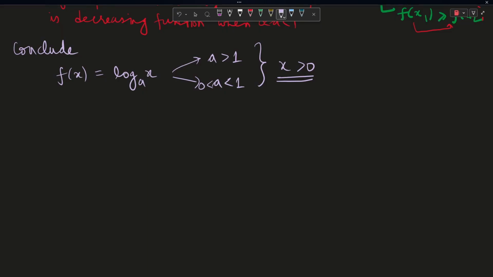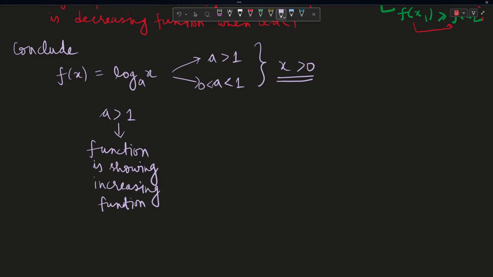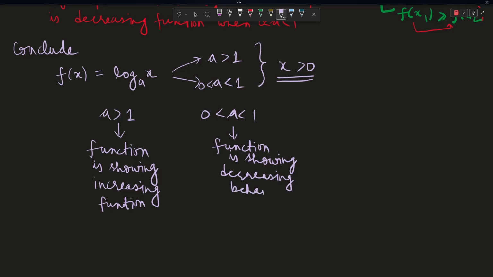Okay. So for these two conditions, if a is greater than 1, then the function is showing increasing behavior, an increasing function, and if the value of a is less than 1 but greater than 0, then the function is showing decreasing behavior, right?